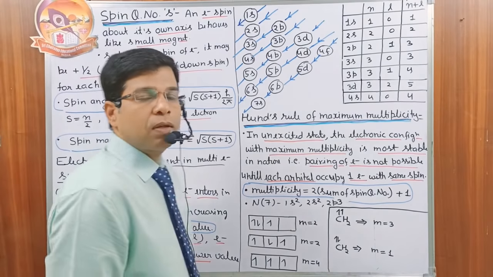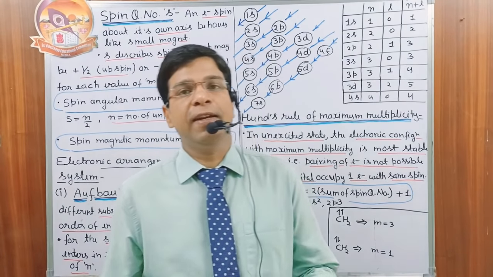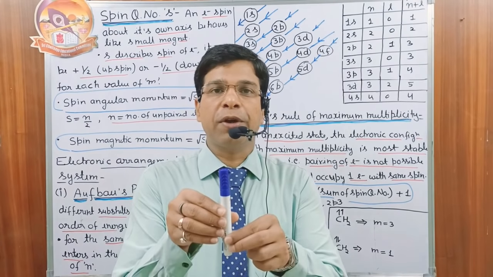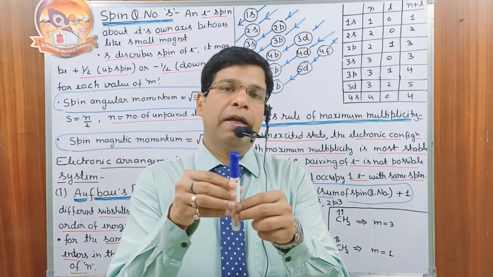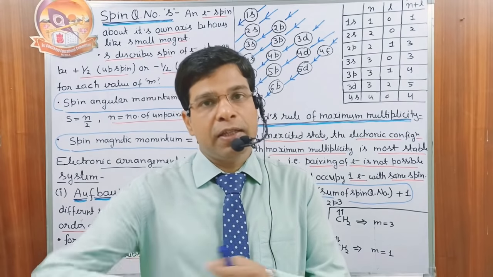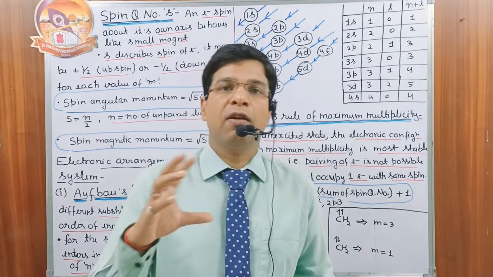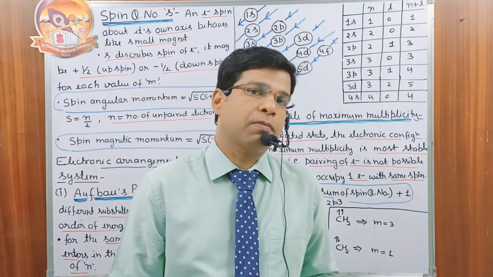The next quantum number is the spin quantum number. An electron in an orbital rotates on its own axis, it spins around its own axis, and whenever a charged particle spins around its own axis, it also carries some magnetic properties. Two types of spin are possible.